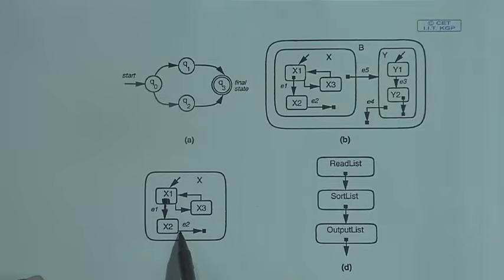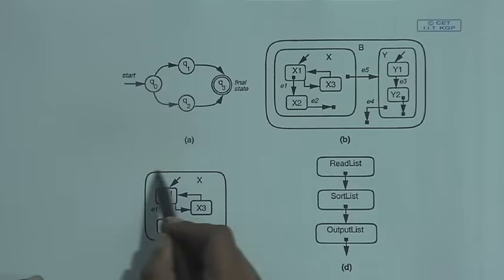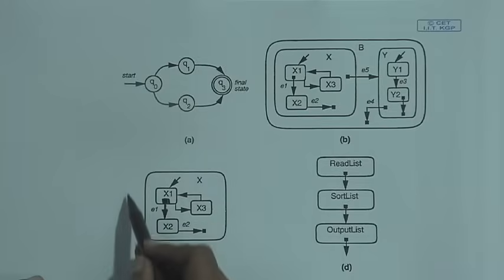Here, this E2 means something different. Whenever E2 occurs, you come out, and come out where? Come out at the completion. This completion is whose completion? The completion of the whole thing, right.